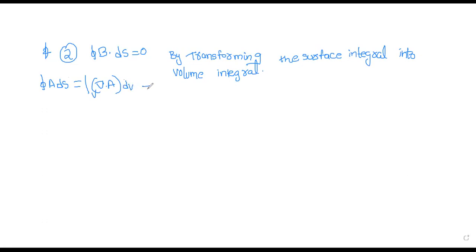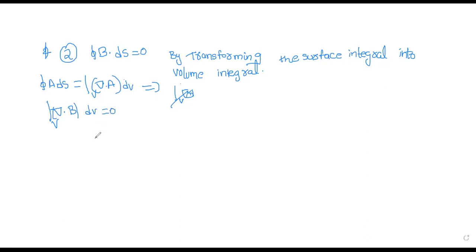Here A resembles the value B. So the volume integration of equation number one can be written as the volume integral of del dot B into dv is equal to 0.